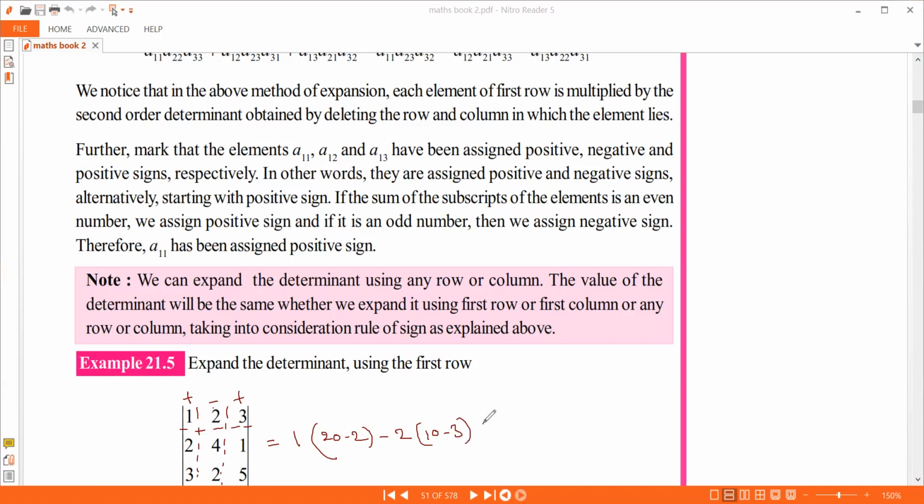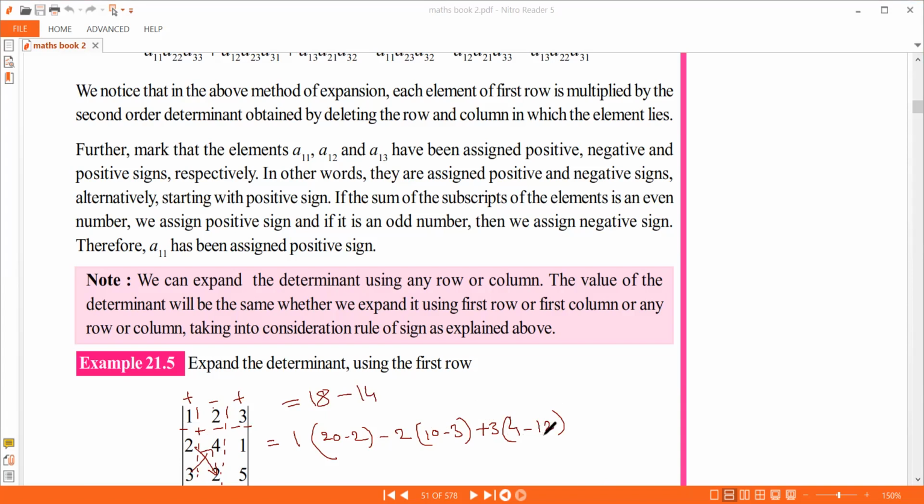Next is plus 3. Plus 3 into 4 minus 12. So this happens to be 18. 10 minus 3 is 7, minus 14.